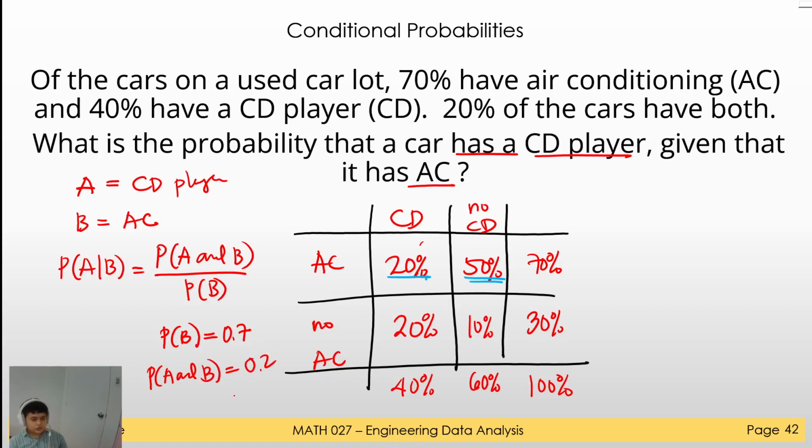So therefore the probability of A occurring given B has occurred is 0.2 over 0.7. That is about 0.2857. That's it.